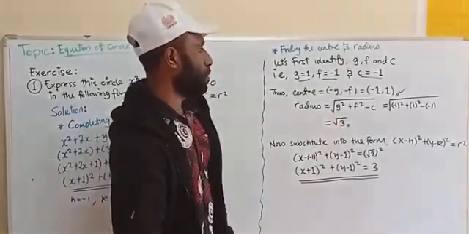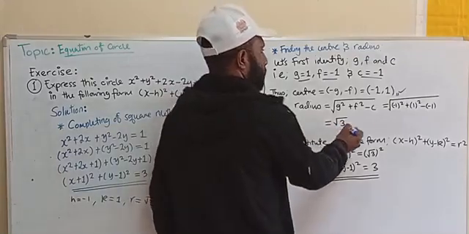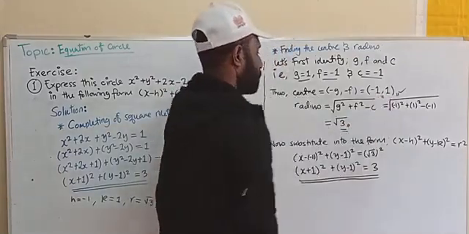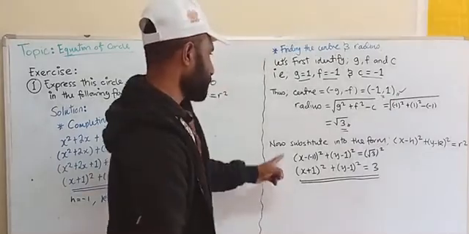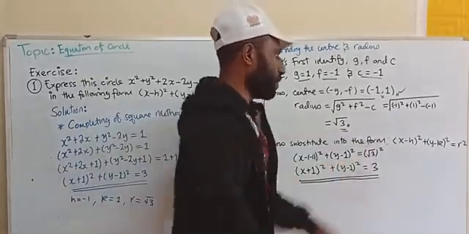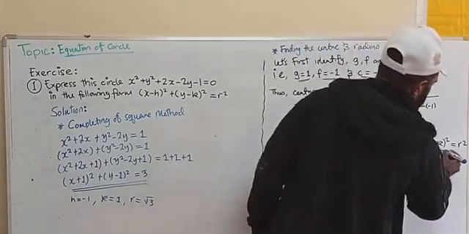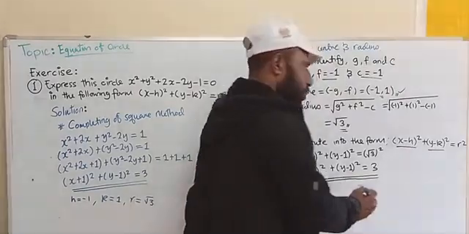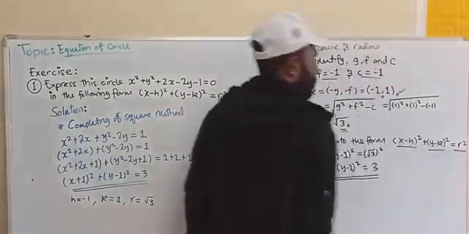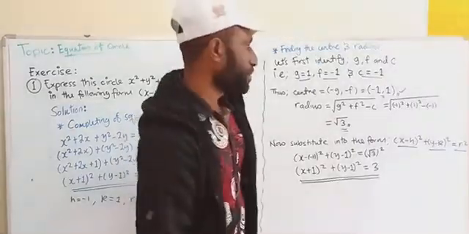Since we know the radius and the center, it's a matter of substituting into the form (x minus h) squared plus (y minus k) squared equals r squared.